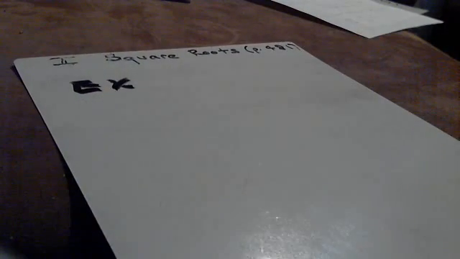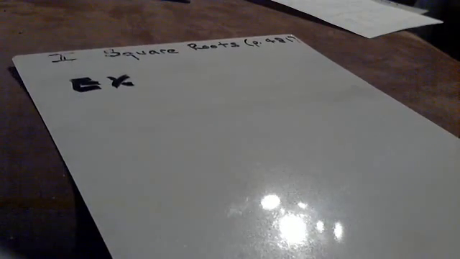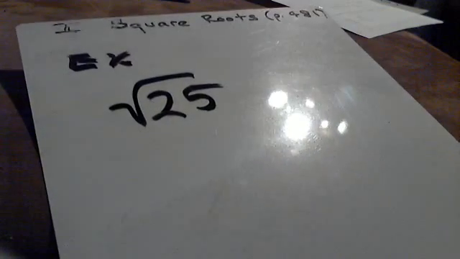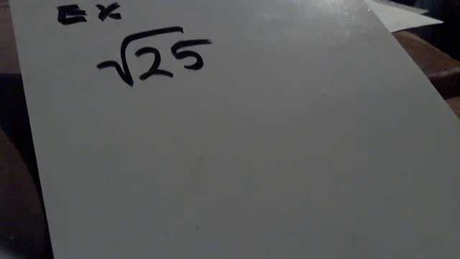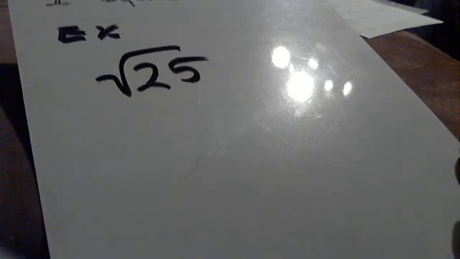So we're talking about a value that, when multiplied by itself, is equal to the original number. So here, for instance, take this, the square root of 25. What is the square root of 25?